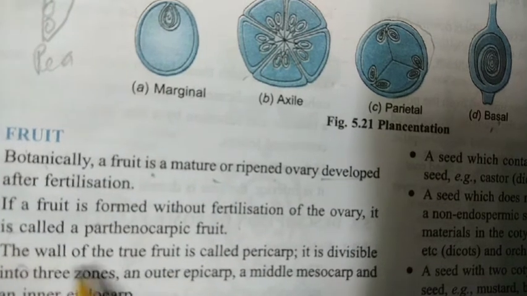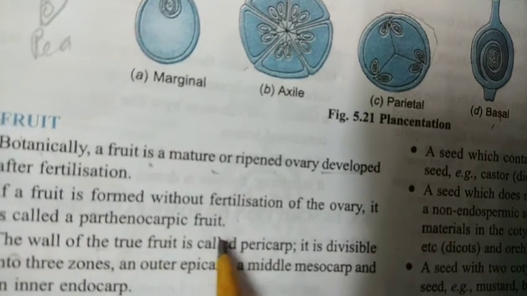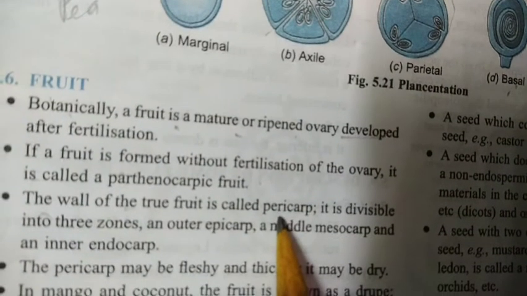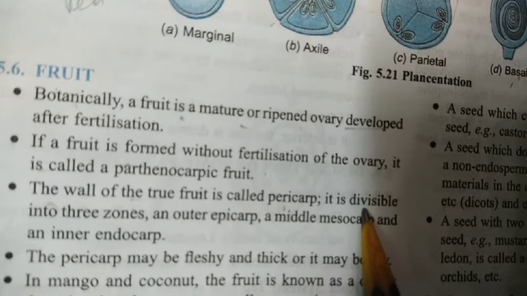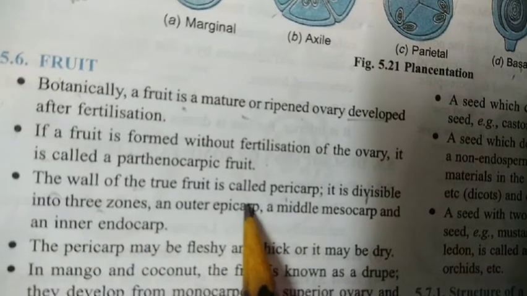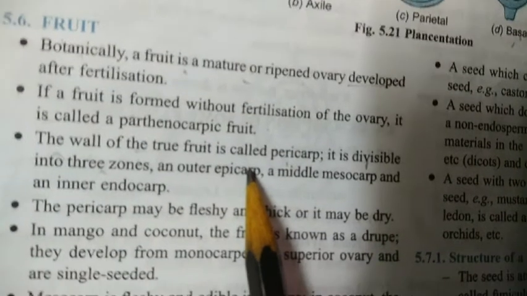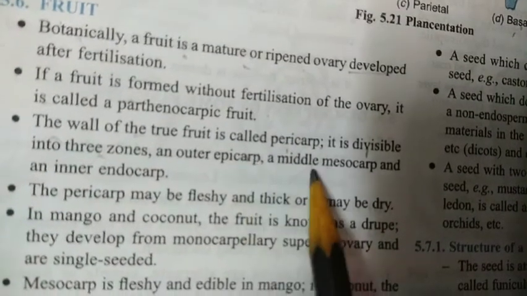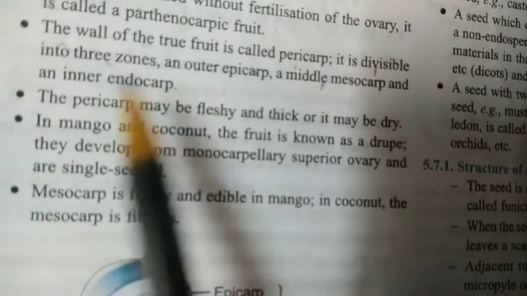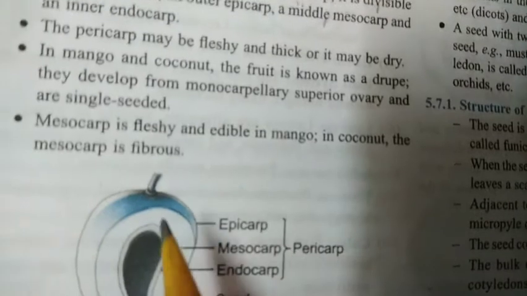The wall of the true fruit is called pericarp, and this pericarp is divisible into three parts. The outer is the epicarp, the middle is the mesocarp, and the inner is the endocarp.